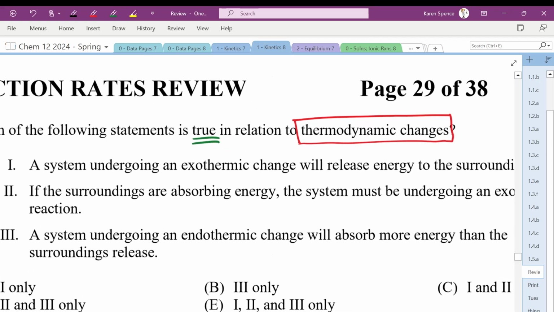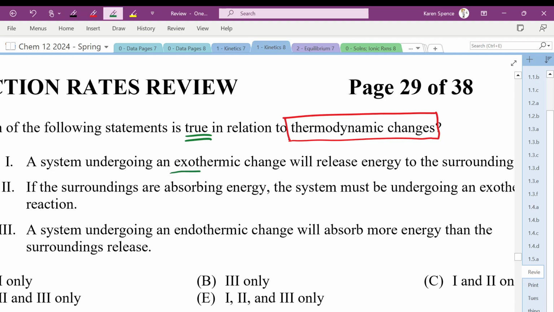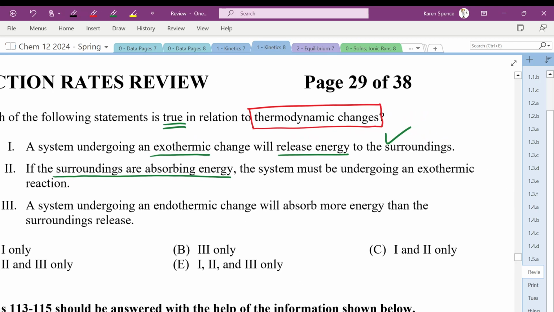Is it true that a system undergoing an exothermic change releases energy? Yes. Is it true that if the surroundings are absorbing energy, the system must be undergoing an exothermic reaction? Somebody asked me this morning, and I think I didn't read it properly.